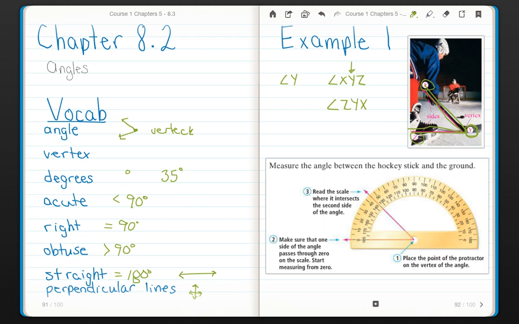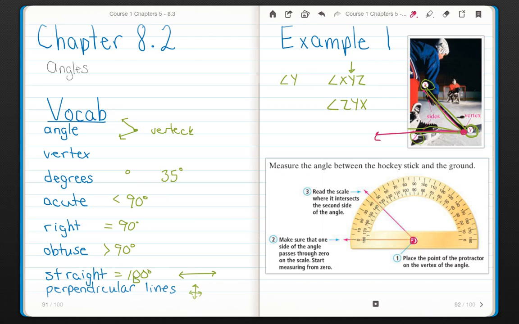So what you're going to do is take the protractor and line up the hole down here at the bottom. Going to line up this hole right on Y. Okay? So it's going to go right over this vertex right here. Then this line, extending out through 0 degrees, needs to lie on this line.